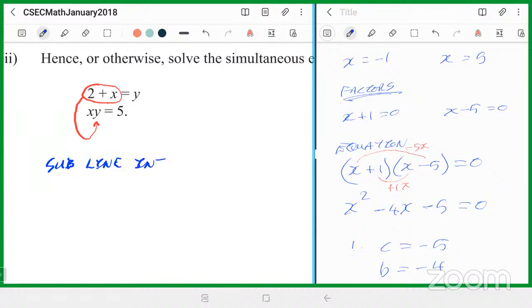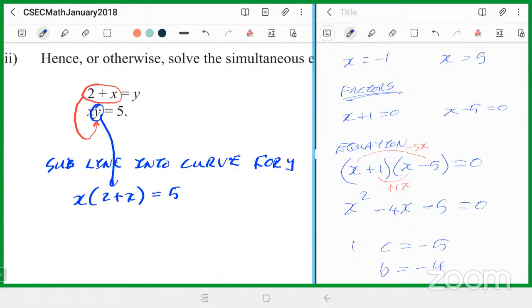When we make the substitution, this is going to become x times (2 plus x) equals 5. For where this y was, I replace it with 2 plus x, which is what the line is saying y equals.